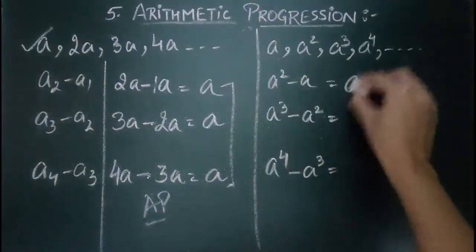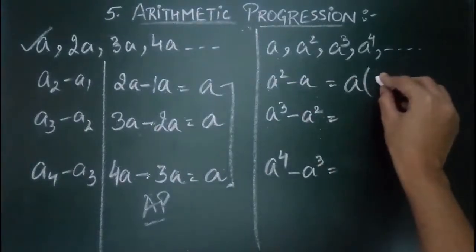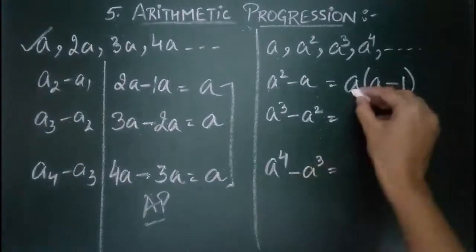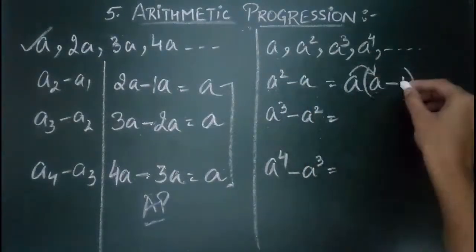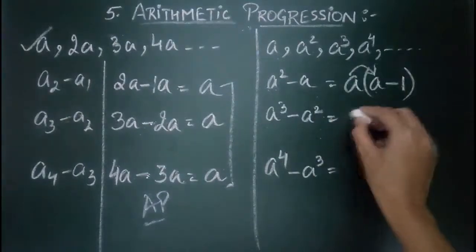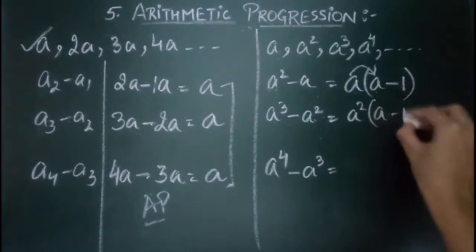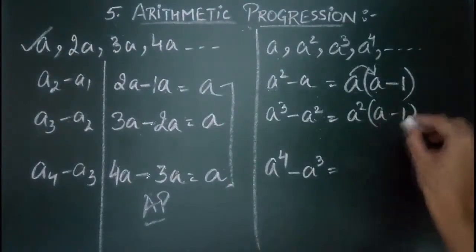Now to simplify, we can just take a common factor and we can do nothing else. We'll get a into a minus 1. If we multiply, a into a will be a square, a into 1 will be a. Same way, from these two a square can come common. This will be a minus 1. From these two, a cube can come common and the remaining will be a minus 1.